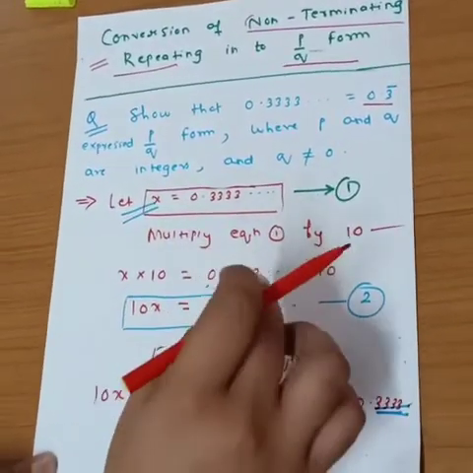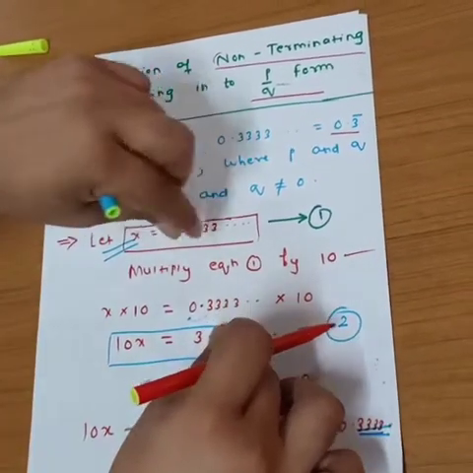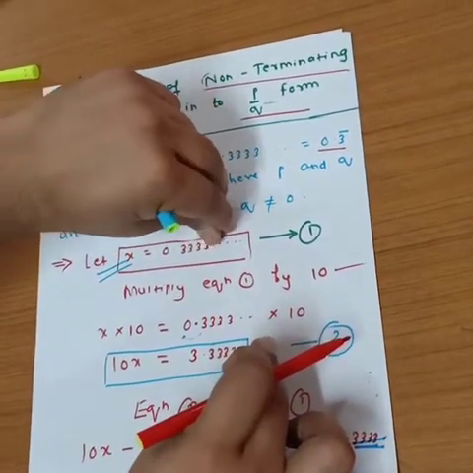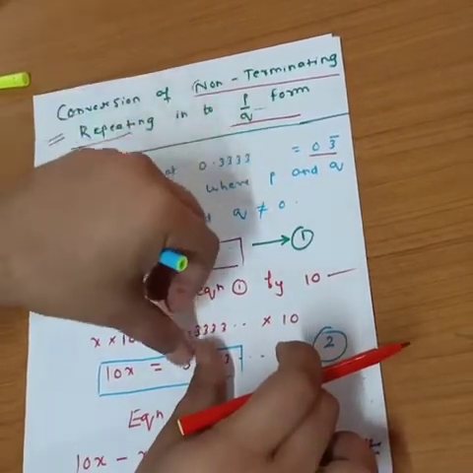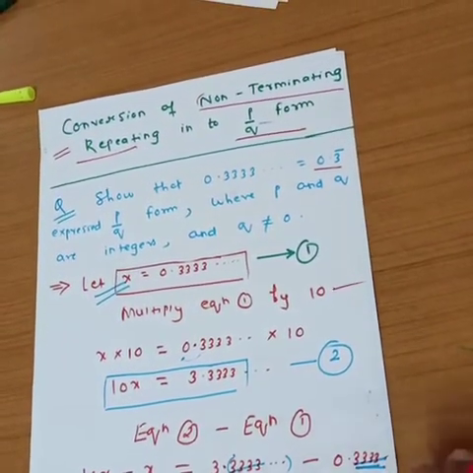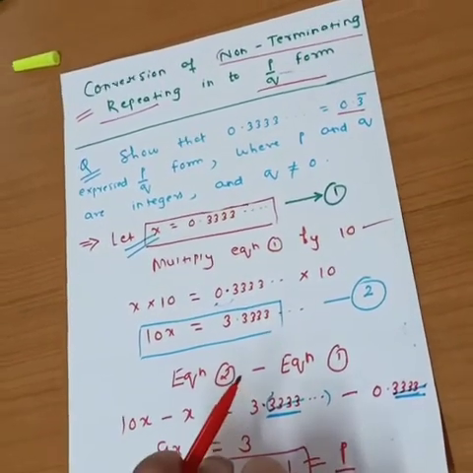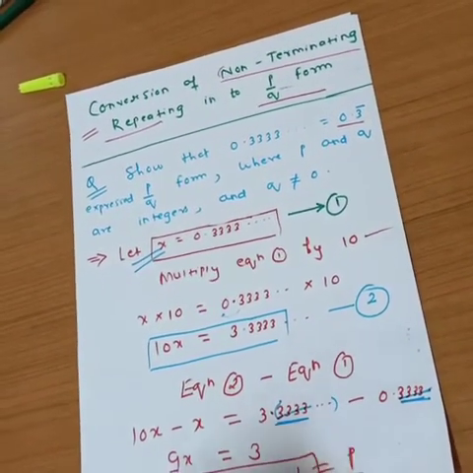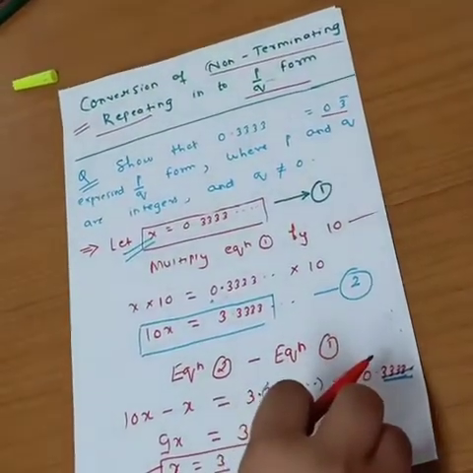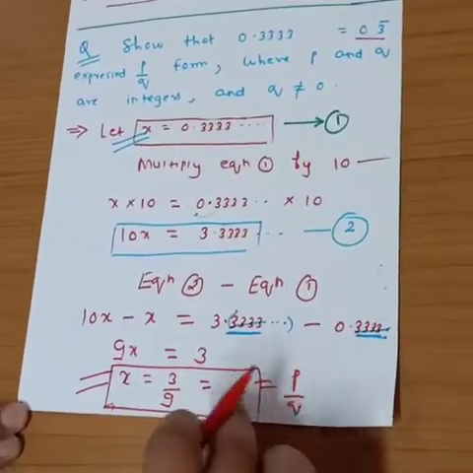After the decimal the digits are the same, so all digits cancel with each other, and 3 minus 0 is 3 only. Then x equals 3 by 9. When you factorize it, 3 ones are 3, 3 threes are 9. So we get the fractional number in the p by q form, where the value of p is 1 and the value of q is 3.